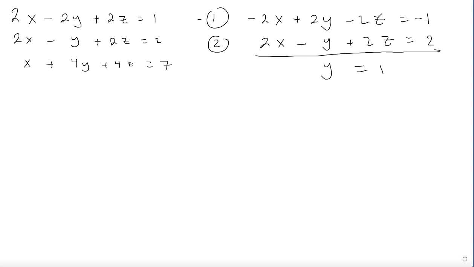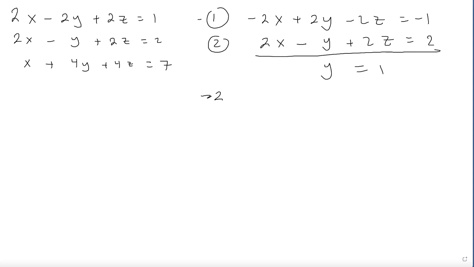So if you do this and two of the variables kind of accidentally drop out on you, what you need to do is eliminate x one more time. So let's say I do equation 1 and 3 together.